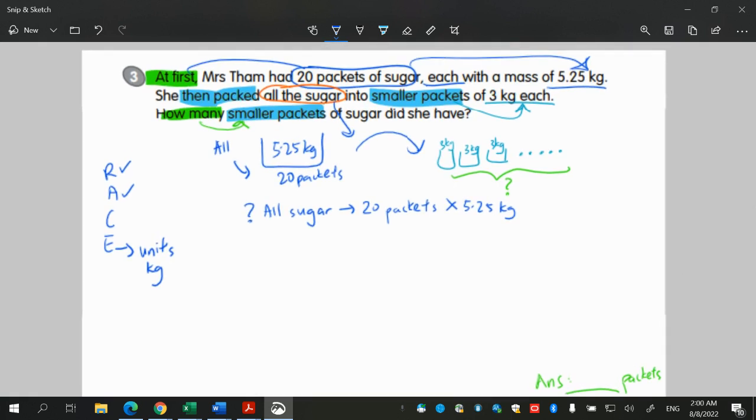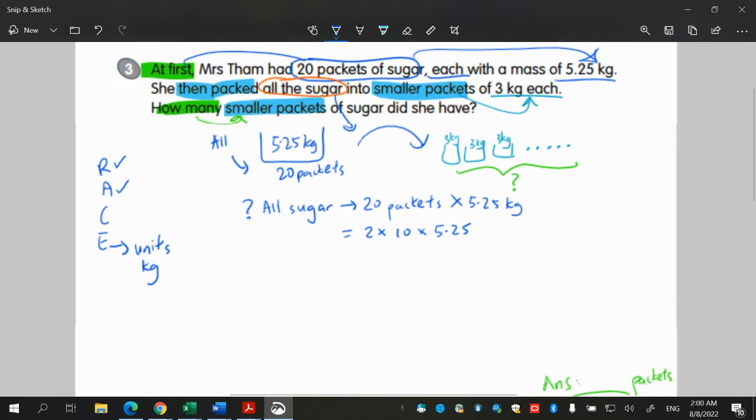It means you need to know how to solve the operation. So I'll go with the method that our class learned. Breaking 20 into its parts, it's the number bond of 2 and 10. So 2 times 10 is 20. I'll do times 10 first.